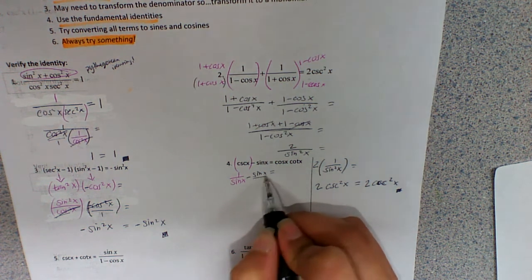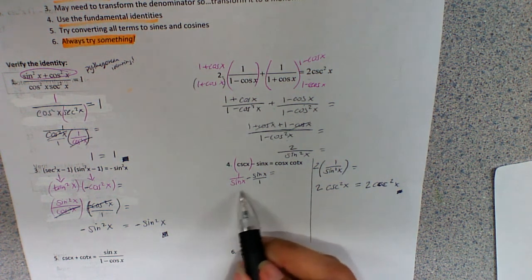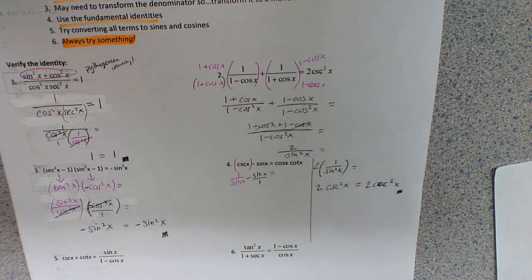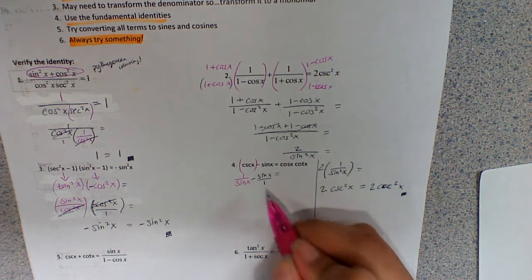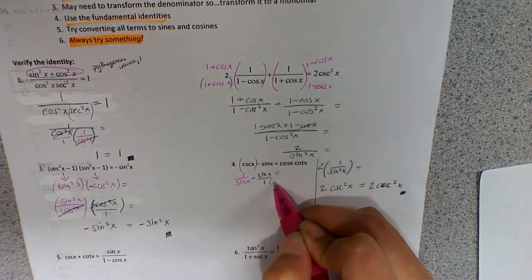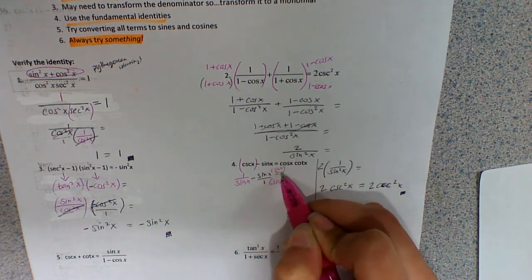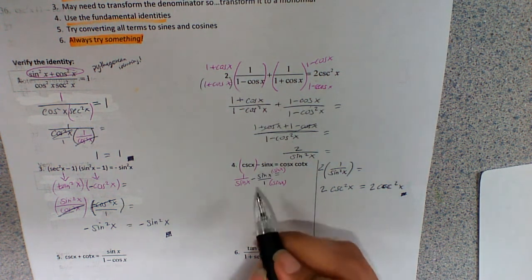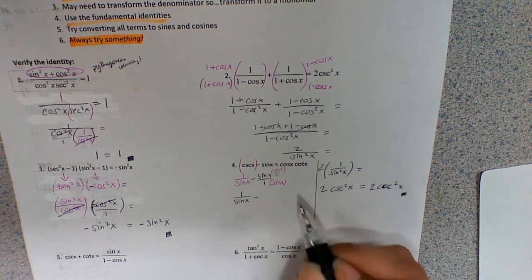So now let me go ahead and put that sine over 1 and see what I can do to put those two fractions together. And as you know, the only way you can do that is if you have a common denominator. So let me get a common denominator of sine on this one. So multiply top and bottom by sine. And so I have 1 over sine of x, just like it was.